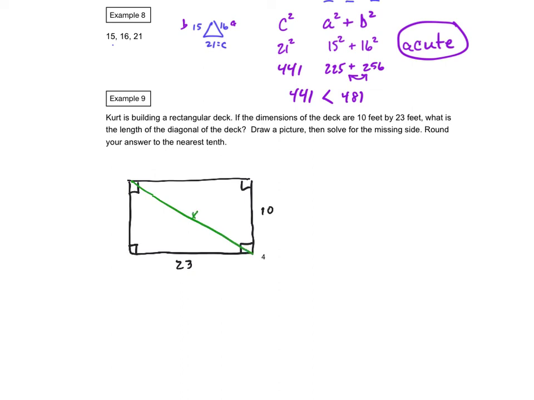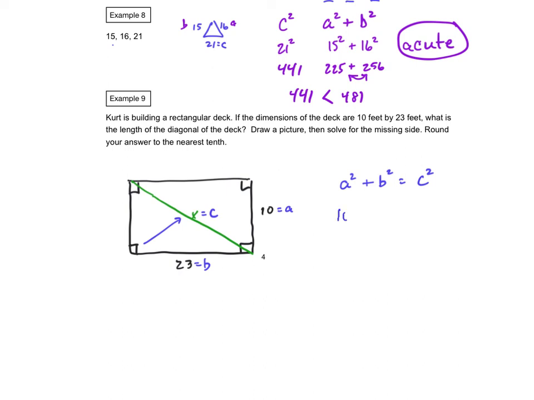That's my unknown, and hopefully we can say that that's my longest side across from the right angle, so that's going to be C. This would possibly be A, this would be B, so I would have A squared plus B squared is equal to C squared. I'm using the Pythagorean theorem because we know that it is a right triangle, so we're using the equal sign.